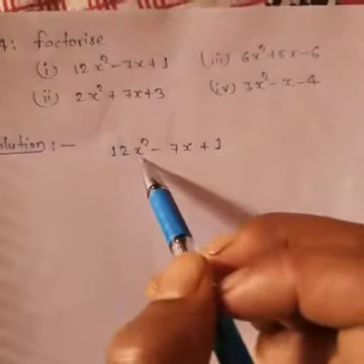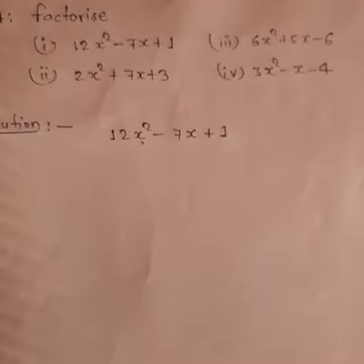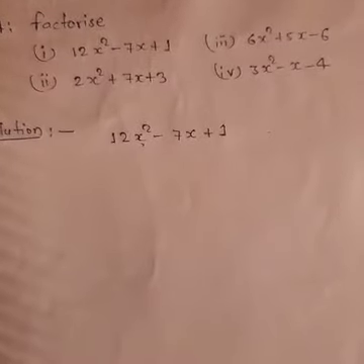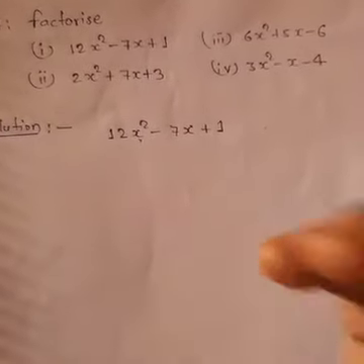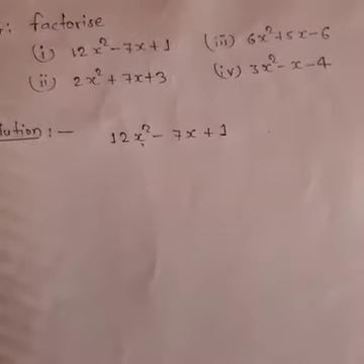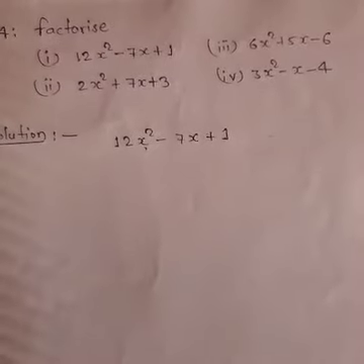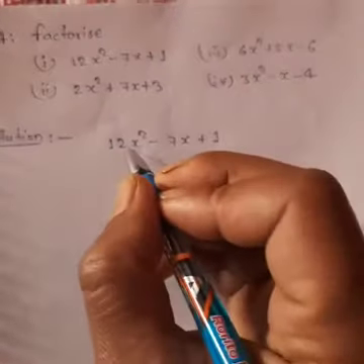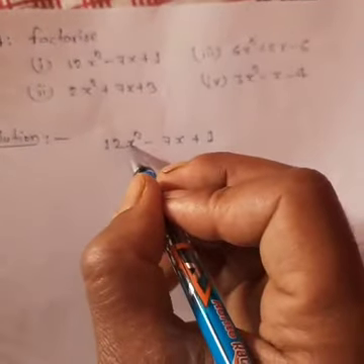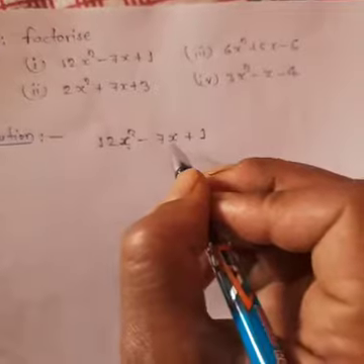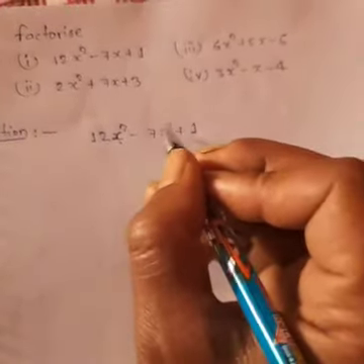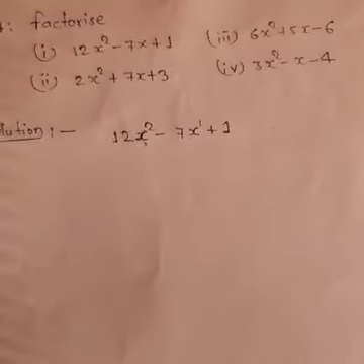First of all we have to check whether the degrees of the variable are in descending order or not. If they are in descending order, then it's okay. But if not, first we will arrange the terms in descending order of degree. Here the degree of x is 2, then 1, then 0, so it is already in descending order.